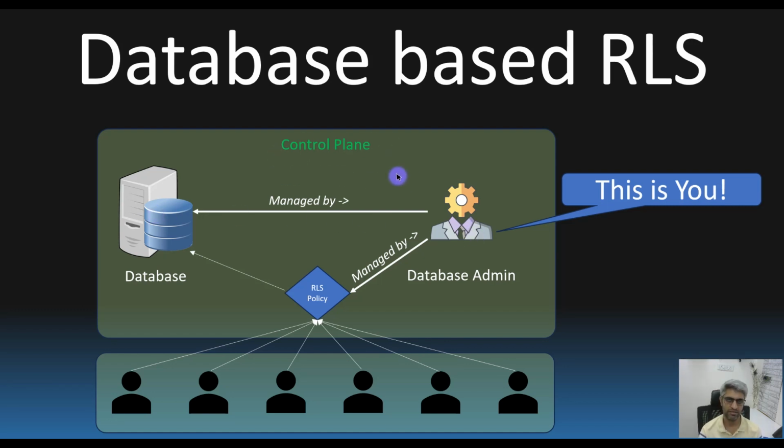And what I mean by this is that you have total influence and control over this database, meaning you decide how people access it, how many accounts to create, and so on and so forth. In this situation, you have the complete flexibility to set up the database-based RLS. So here you can see these users at the bottom. These users are a representation of the users who want to connect to the database.